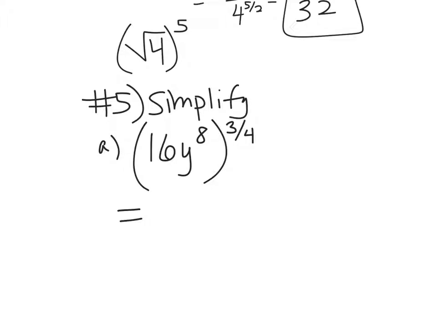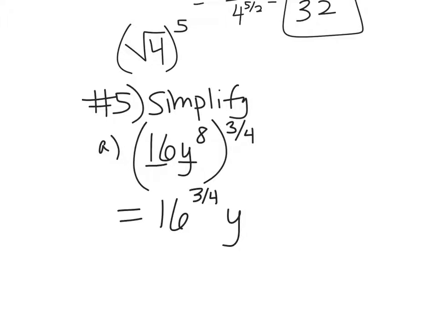All right, do you remember last Monday, the first day we met? We learned our properties of exponents, which say that if you have two things in here and they're both to that power, you're going to put both of them to the power. So we get 16 raised to the 3/4. And y is to the what? Do you remember when it's a power raised to a power, what do you do to those numbers? You multiply them. What is that? Is it 6? Yes.